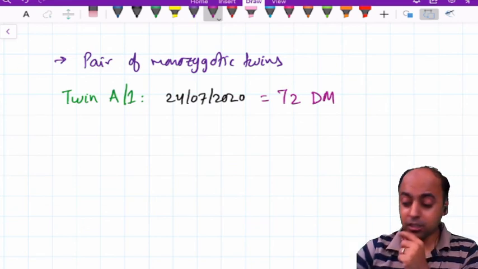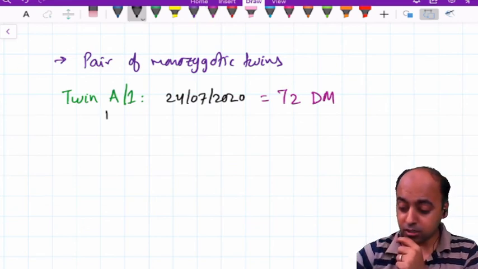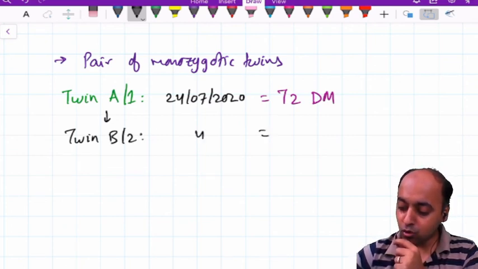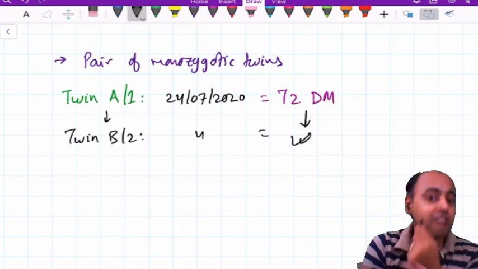So as per the polygenic theory of disease, on the same day, the second twin should also have type 2 diabetes mellitus. Same genes are there, but it doesn't happen.